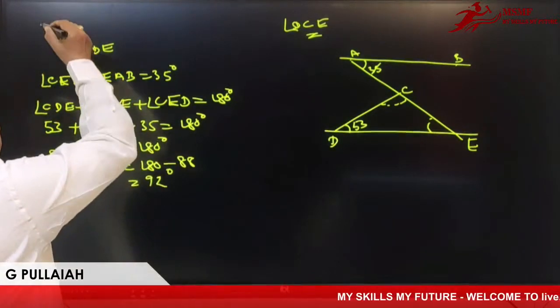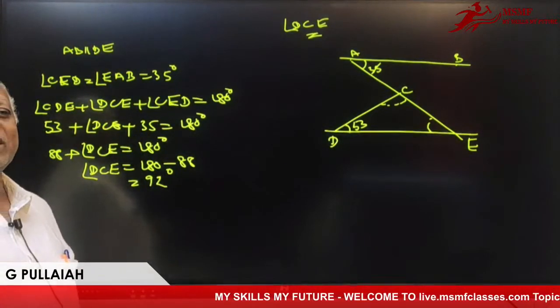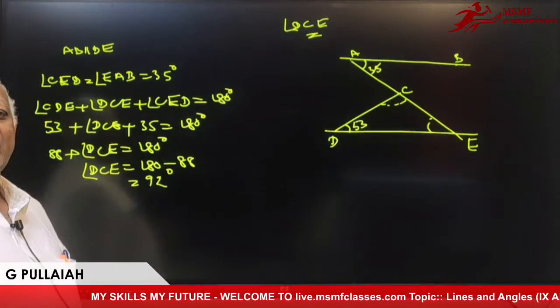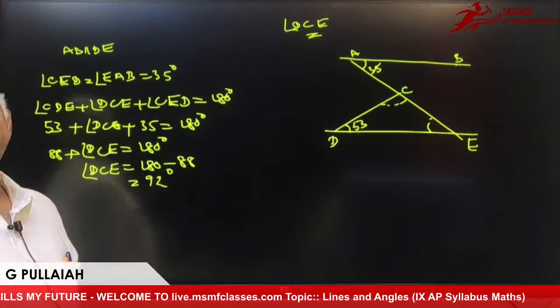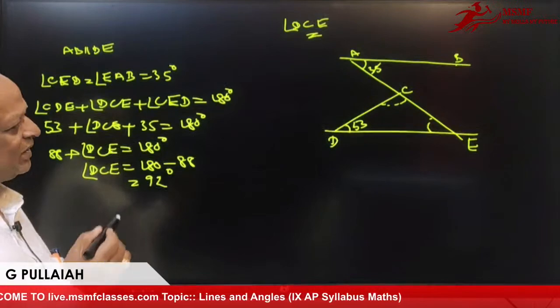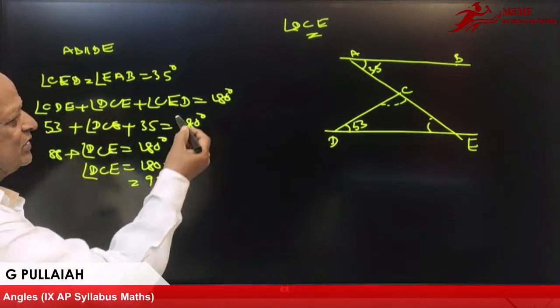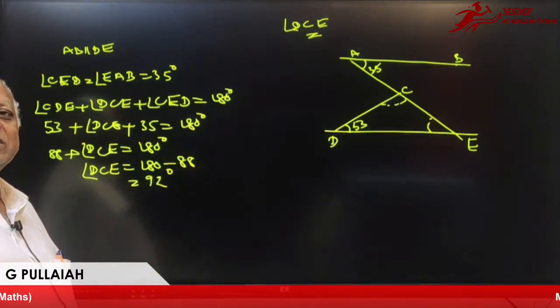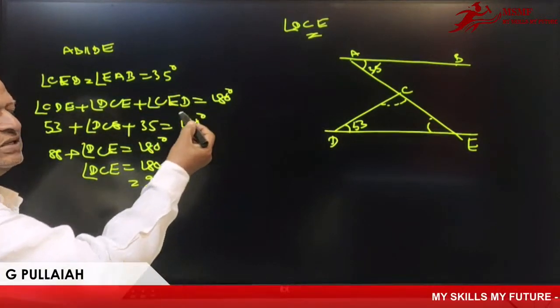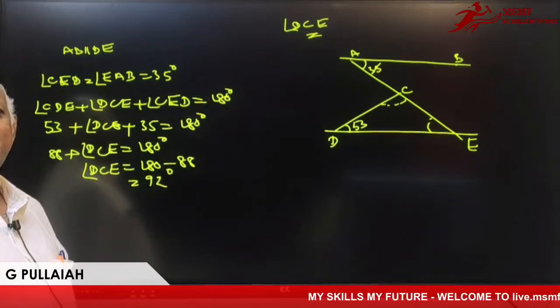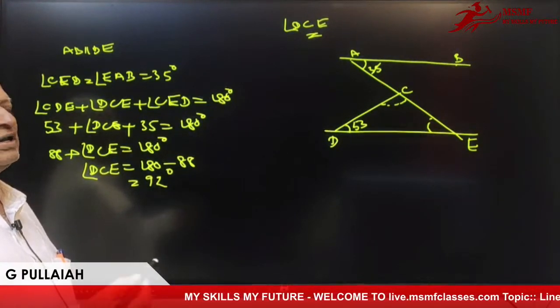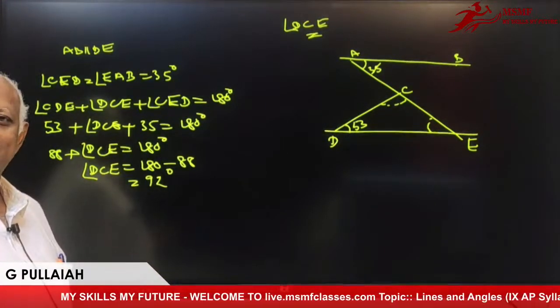The given concept here is AB is parallel to DE. We should make use of the given point. We can go for the corresponding angles, the alternate angles, or the sum of the interior angles on the same side of the transversal, or co-interior angles, something like this. Hope you are following this.